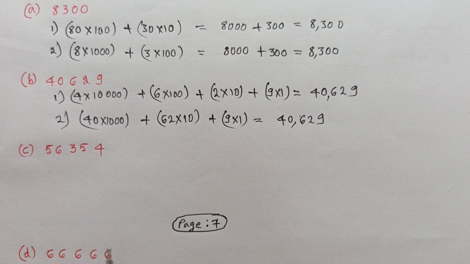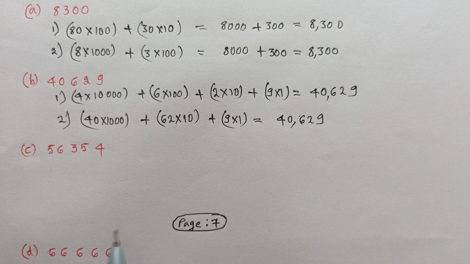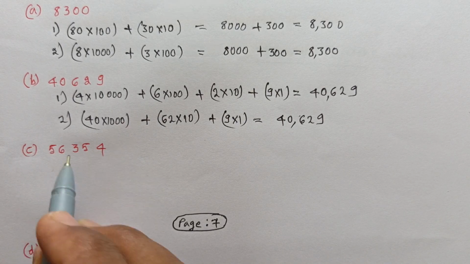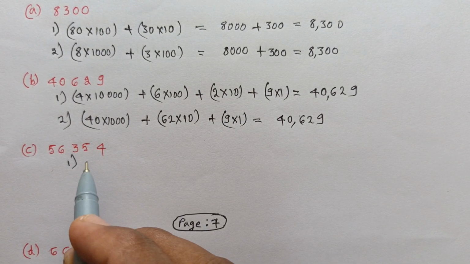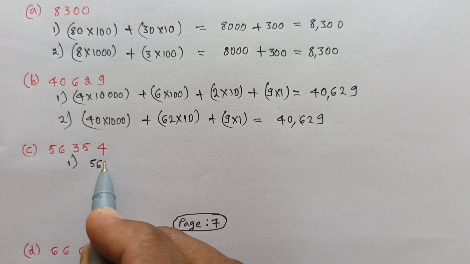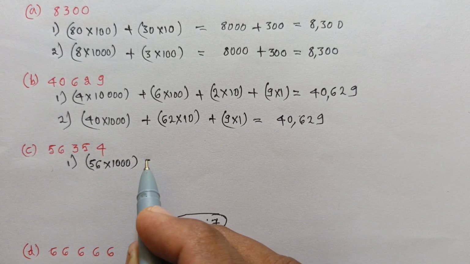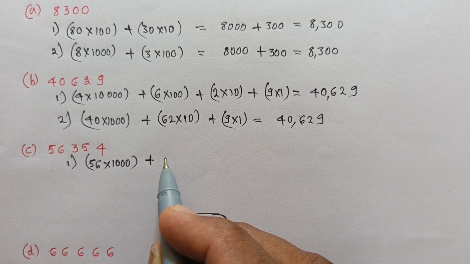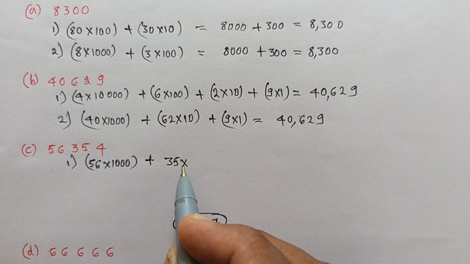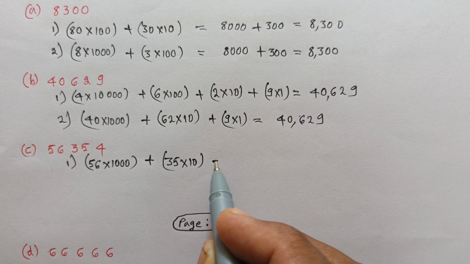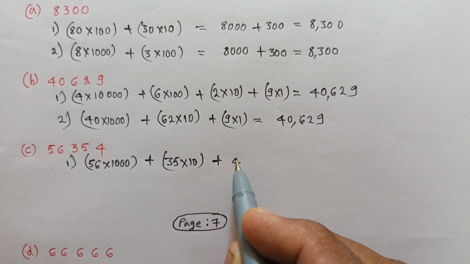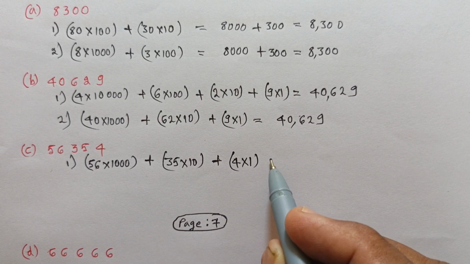Next, C is given as 56,354. The first way of representing, I am taking like this: 56 into 1000. The 1000 button we need to press 56 times, plus the 10 button 35 times, so 35 into 10, plus the 1 button 4 times, so 4 times 1 is 4.